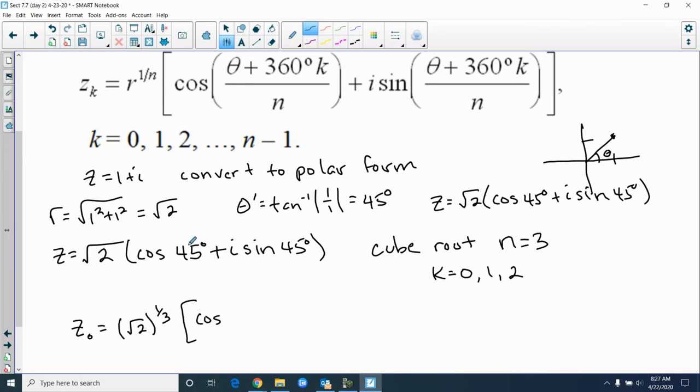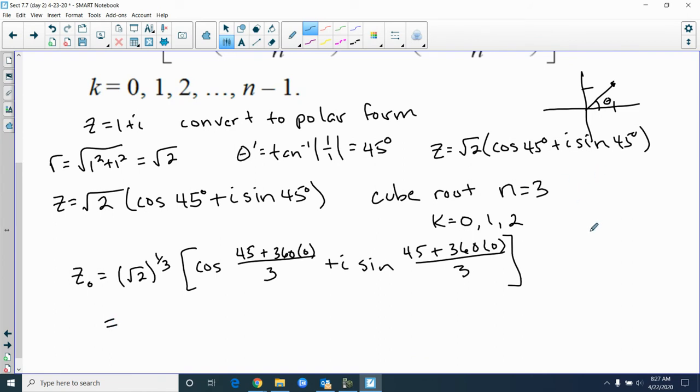Our theta is our angle, 45 degrees. Plus, here's what's going on. You have 360 times k, which is 0, divided by 3, plus i sine of 45 plus 360 times 0 divided by 3.